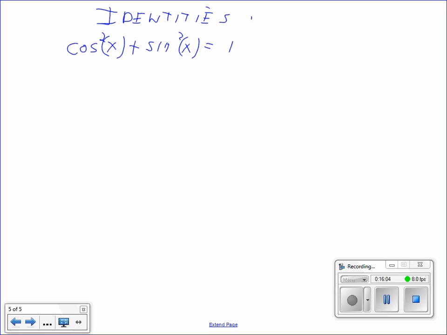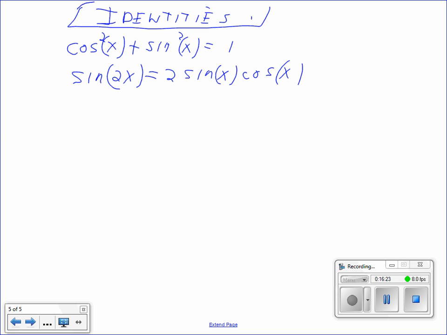And then one double angle formula: the sine of 2x is 2 times the sine of x times the cosine of x. Again, there's a tremendous amount of trig identities. These seem to come up in problems regularly.